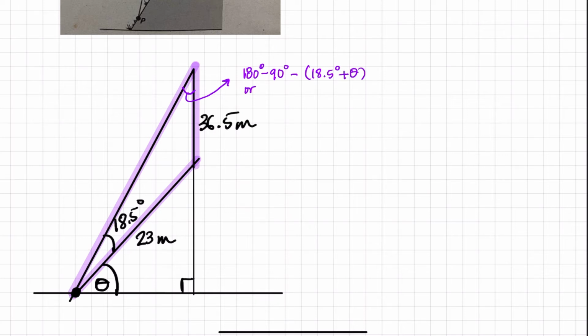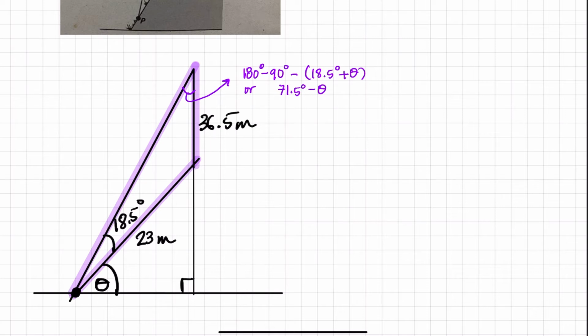Or, ilan ba yan? 180 minus 90 minus 18.5 is 71.5 degrees minus theta. Tapos doon na tayo mag-a-apply ng sine law.